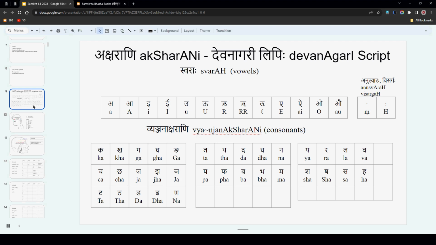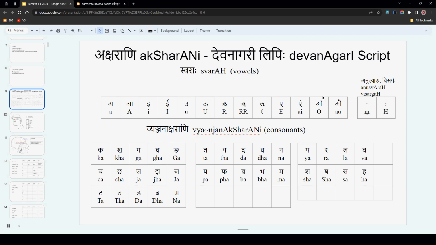So they are shown here from a to au. We have different swaras, vowels, and then there is ka to ha, different vyanjanas or consonants. There are also some additional sounds, like anuswara and visarga, which cannot be independently pronounced, because they always come after a swara for the pronunciation.